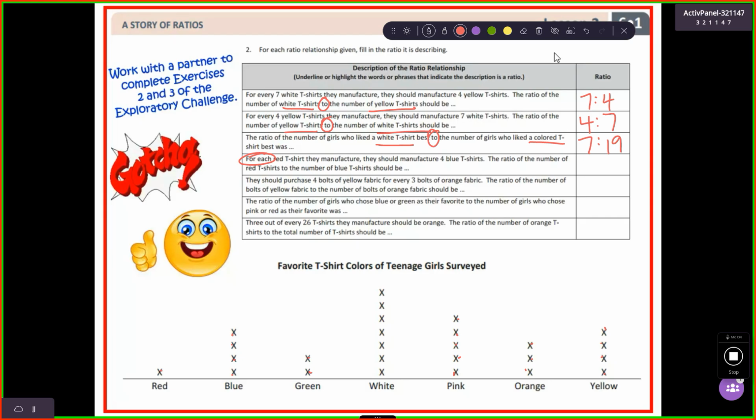If they don't tell you that other part, it's going to be 1. And a lot of you are like, but I can see that red is what? Yeah. But one day they might not have it there. And you have to be like, oh, it didn't tell me a number. Well, it means it's 1. Get it? Got it? Good.